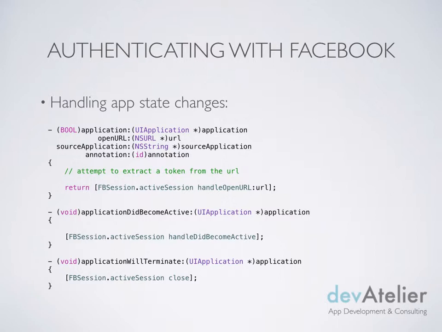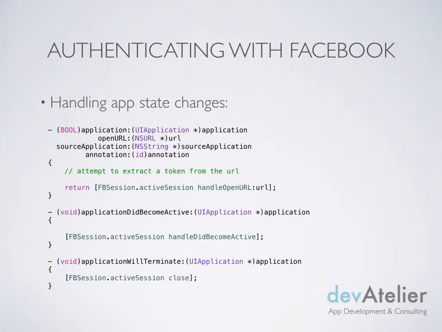So, the second big exercise is when you open up your app for the first time. You don't want to make your user log in every time. So they give you an event called handleDidBecomeActive.